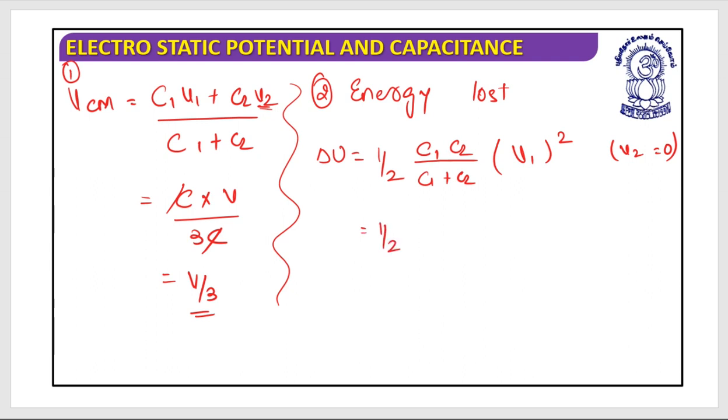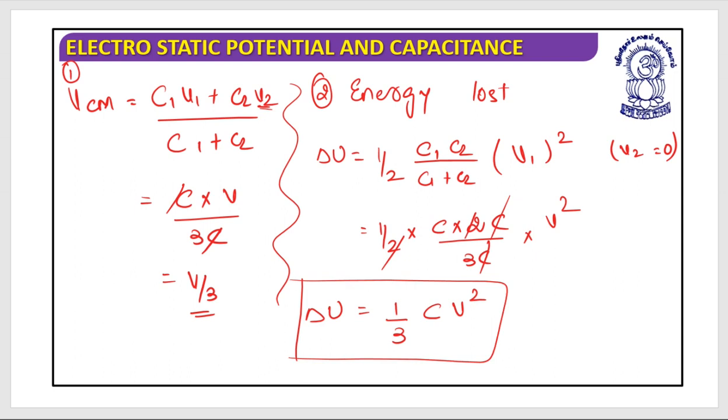So this is equal to half into C1, it's C, C2, it's 2C, divided by C plus 2C, multiplied by V square. So this C would be gone, this 2 would be gone, and the only term remaining is 1 by 3 into C into V square. This is the energy lost. Delta U is equal to 1 by 3 CV square. I hope these things are clear.